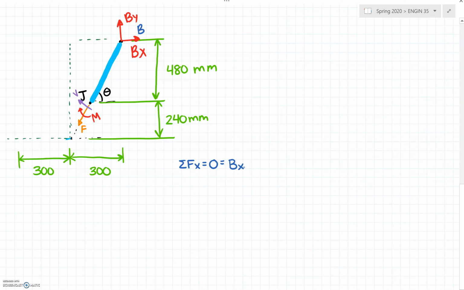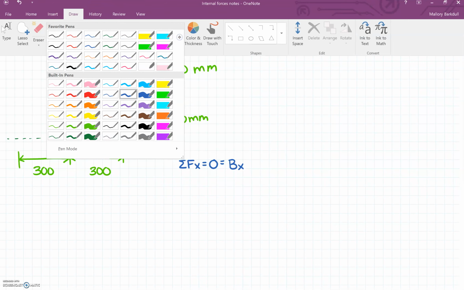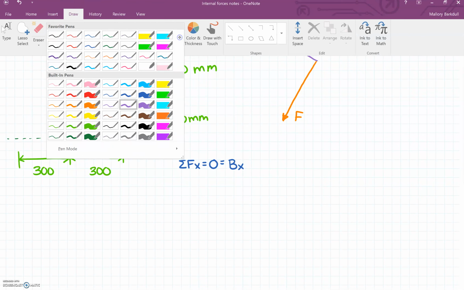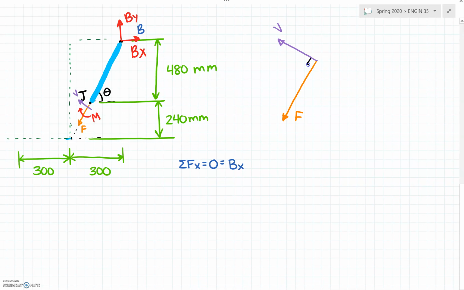And then let's just do a little trig here. My F force is going this way. My V force, the shear force, is going this way. Those are 90 degrees from each other.